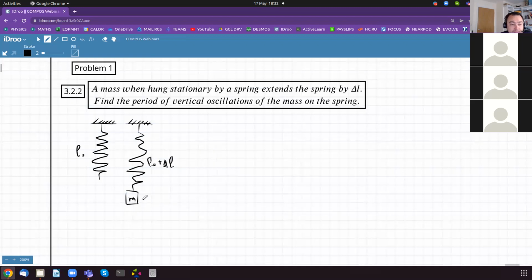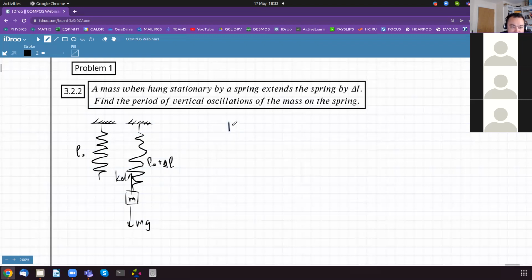So there's a downwards force, which is mg, and there's an upwards force of k delta L, because delta L is the extension.